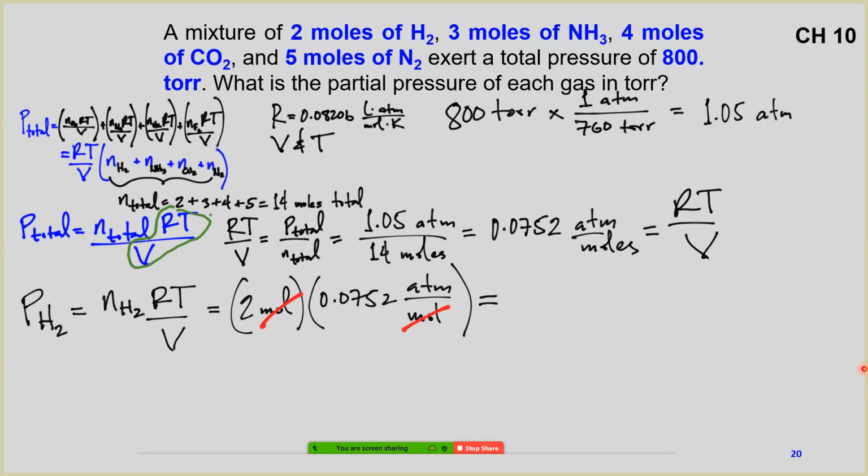So 2 times 0.0752 equals 0.1504. And I know this is in atm, so if you want to convert this to torr, multiply by 760. So that would be roughly 114.